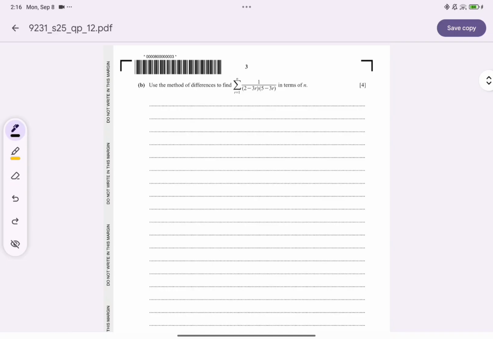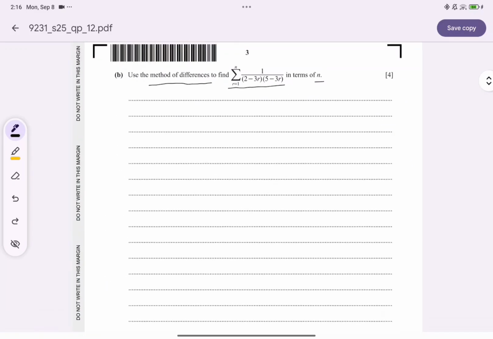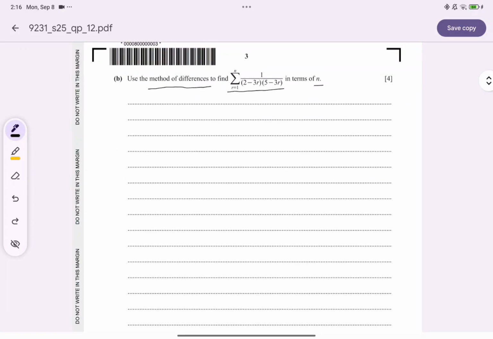So here we're going to have to use the method of differences to find this whole expression in terms of n. Okay, so in order to use the method of differences, we're going to have to express it in the form of a difference, so something like a minus b.